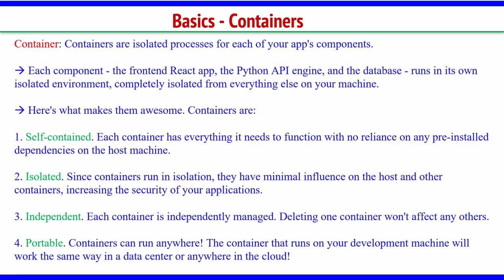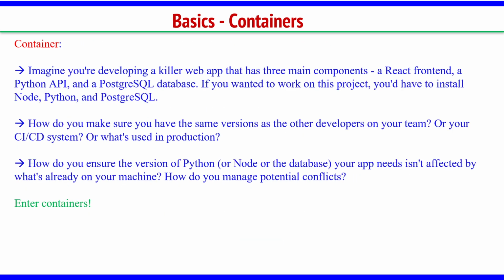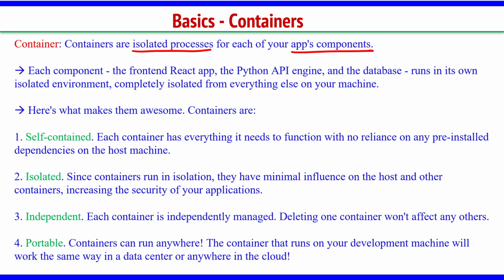So, what is a container? Containers are isolated processes for each of your app's components. What are the components in my web app? For example, I am going to build a web app that has three components: a front end, a back end and a database. So, they are isolated processes for each component.